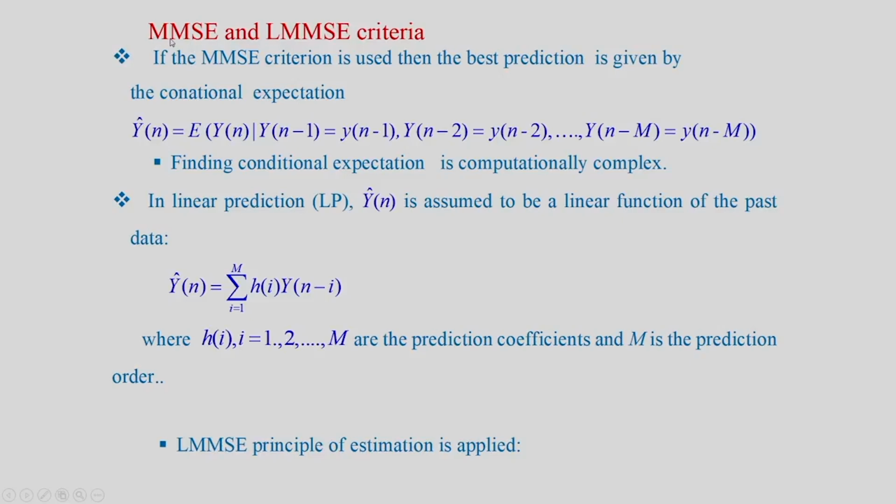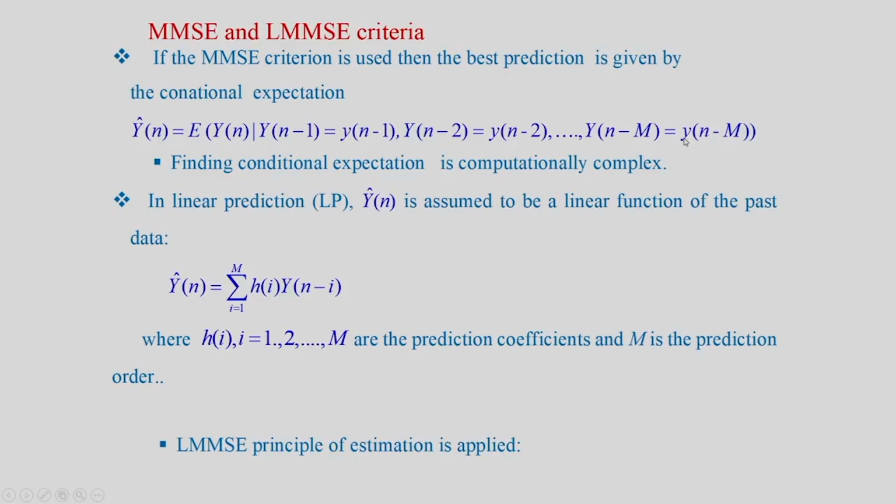Let us see how we can apply MMSE and LMMSE criteria. If the MMSE criterion is used, then the best prediction is given by the conditional expectation. y hat[n] is equal to the conditional expectation of y[n] given y[n minus 1] is equal to small y[n minus 1], y[n minus 2] is equal to small y[n minus 2], etc., up to y[n minus m] is equal to small y[n minus m].